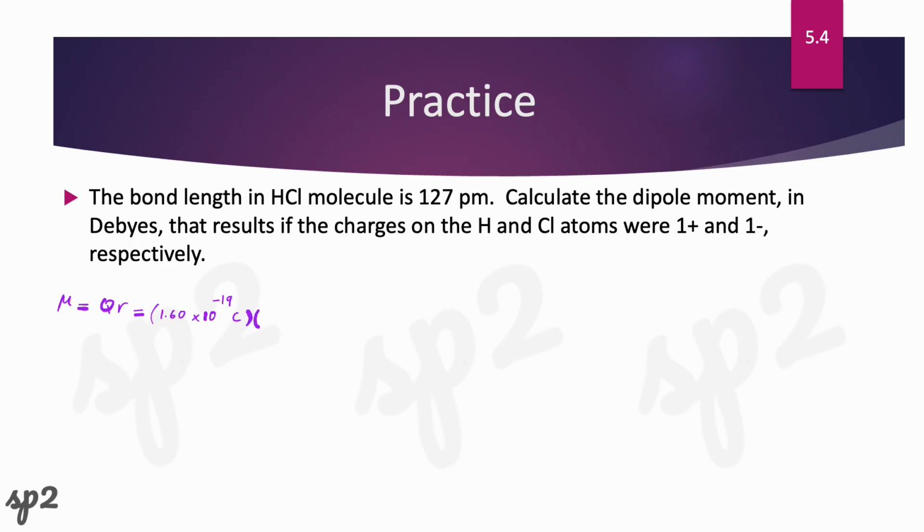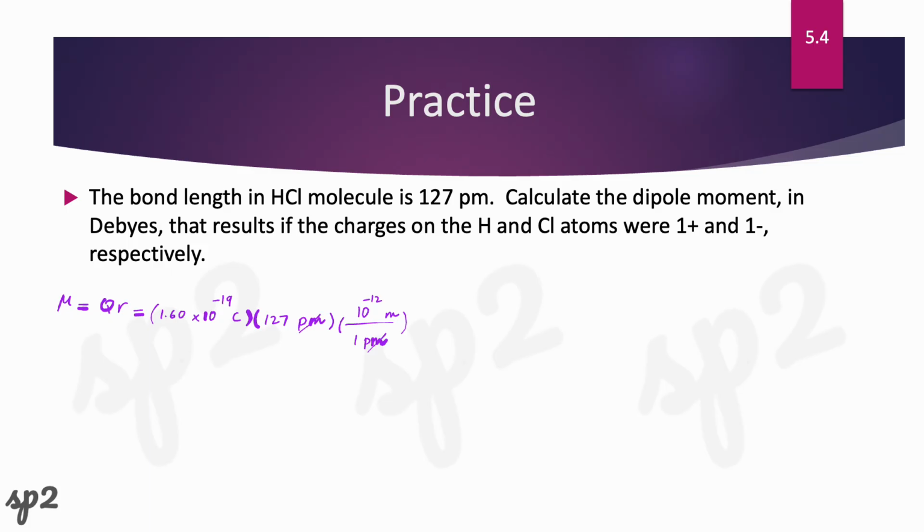And it says the distance is 127 picometer, right? Okay, so I have to convert my picometer to meter. And I know that for 1 picometer, I'm going to have 10 to negative 12 meter. I can cancel out the picometer here.